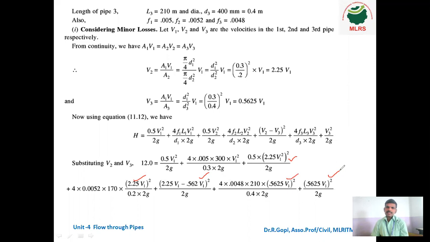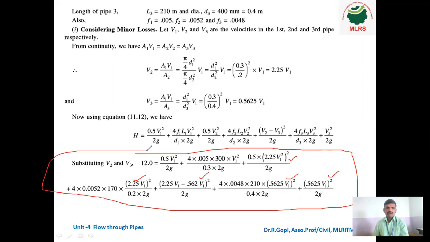So for that purpose, we must convert all three parameters into one parameter. Here V1, V2, V3 are the three parameters. V2 and V3 I converted into one parameter, that means V1. So in this formula, all the values are in terms of V1.